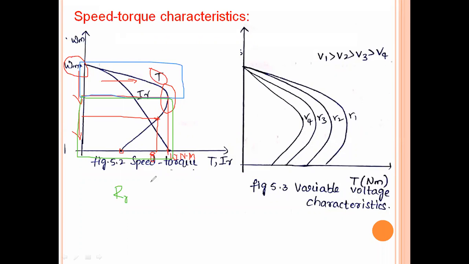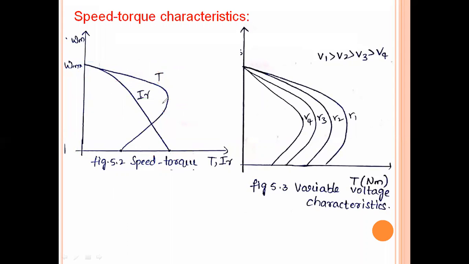So this speed torque characteristic curve, what we have seen here, this nature of the curve is used to see the variable voltage characteristics. Here the same speed torque characteristic curves are plotted with respect to different voltages, V1, V2, V3, V4.